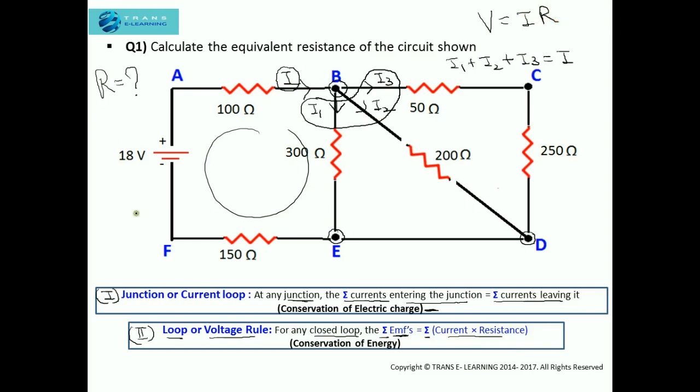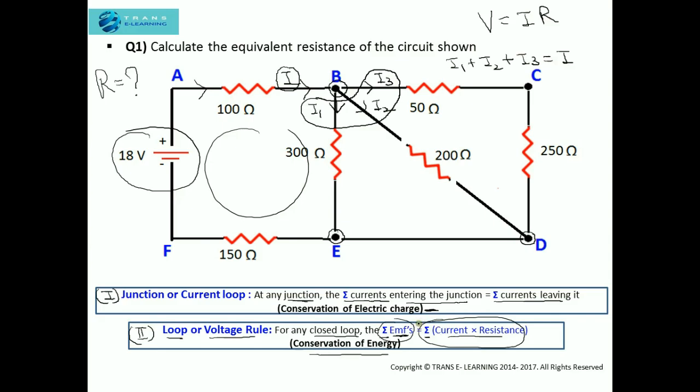So when we are taking a closed loop, the algebraic sum of the EMFs or the voltage across the circuit is equal to the algebraic sum of current into resistance, because in a circuit the current will be flowing through some resistance. So we have to consider the current into resistance for each one of them, and we have to take the sum of that, because this law is in accordance with the law of conservation of energy.